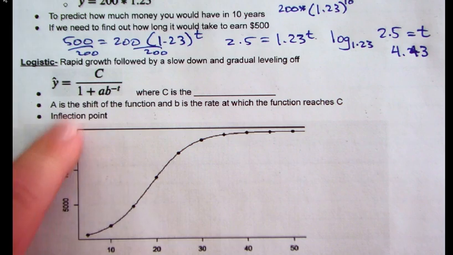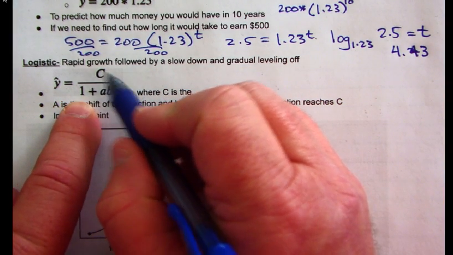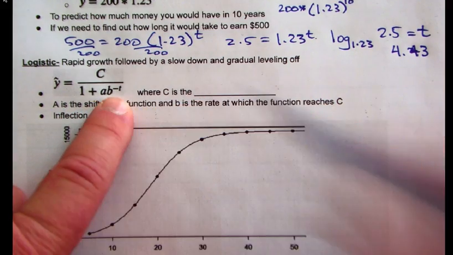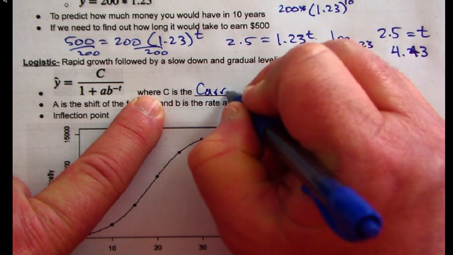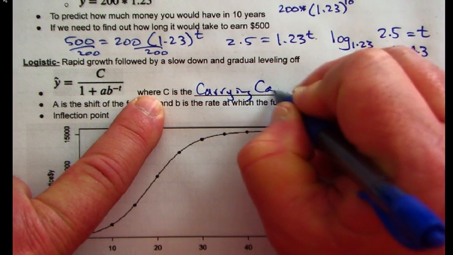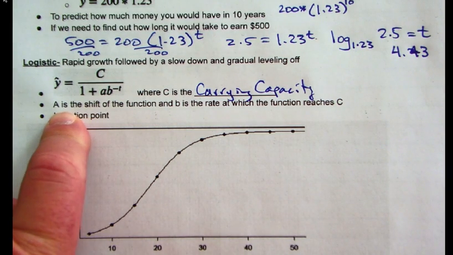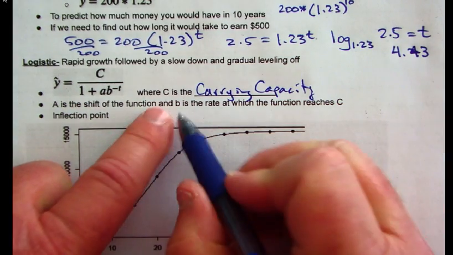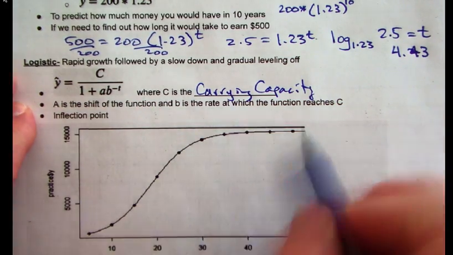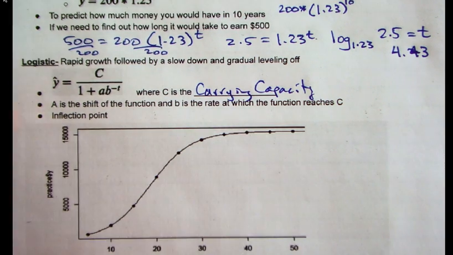And in the equation, y hat is equal to c over 1 plus a to the negative t. Okay, so c is the carrying capacity. And a shifted our graph left and right. And b was the rate at which the function increases, and reaches that carrying capacity.